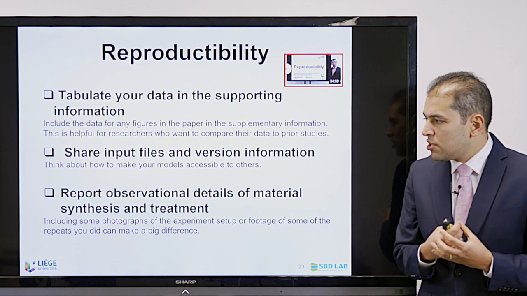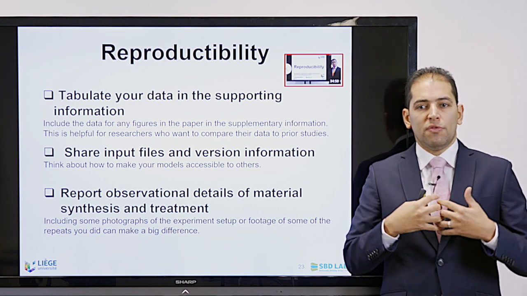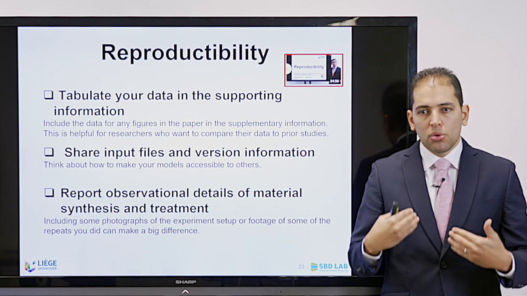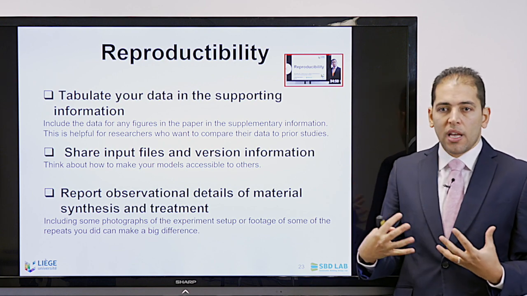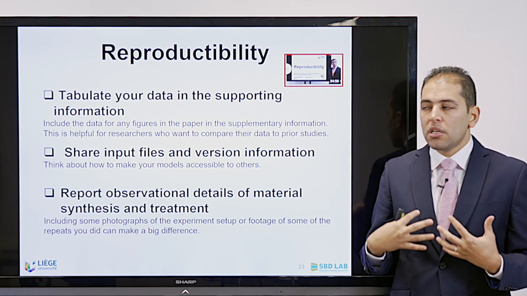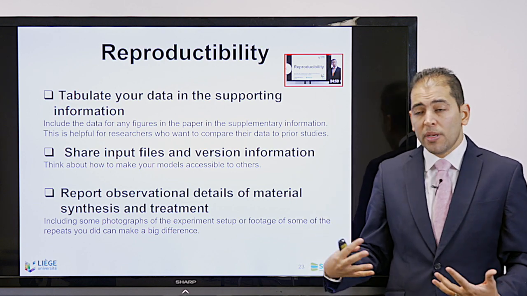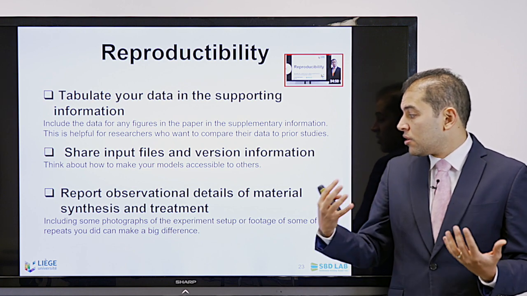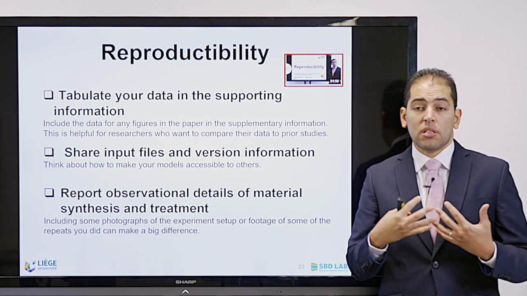For sure, reproducibility is another aspect of the strengths of your research. If your work is written in a very transparent, systematic way, you have some protocols, you have systematic method descriptions, then you can say, voila, my work is reproducible. I tabulated the data, I'm providing supporting information, I'm sharing the input, I'm sharing data sets, I'm reporting on the observational details, I'm providing the synthesis of the treatment in a transparent way.